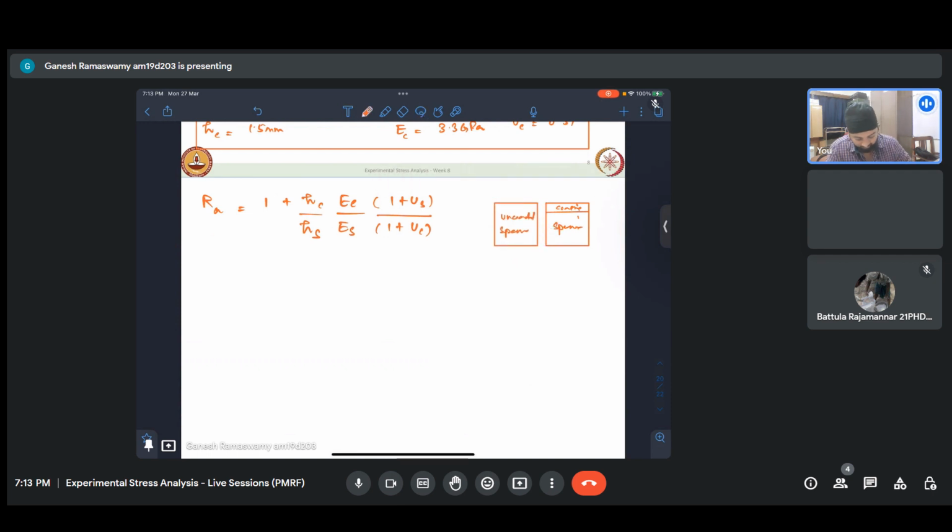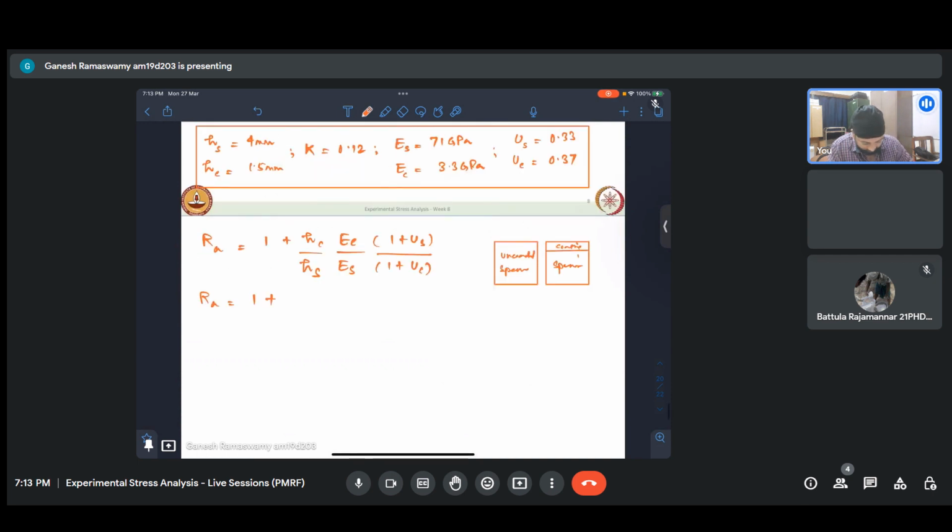So I'll just go ahead and plug in what is needed. HC we saw is 1.5 by 4 into EC by ES into 1 plus 0.3, or rather 1.33, 1.33 by 1.37 is our correction factor.